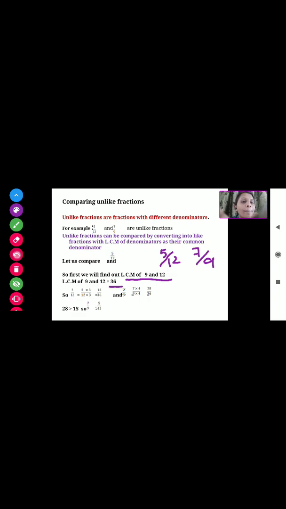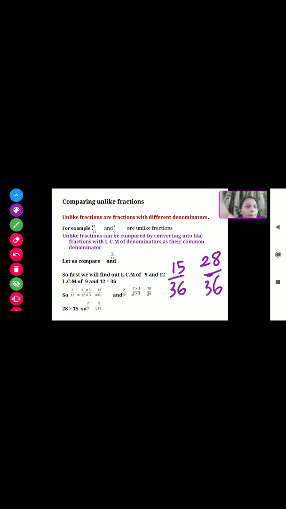So we can compare it easily because now the denominators are the same. We are having two fractions. First one is 15 by 36, because we have converted 5 by 12. 15 by 36 is the equivalent fraction of 5 by 12 and 28 by 36 is an equivalent fraction of 7 by 9.